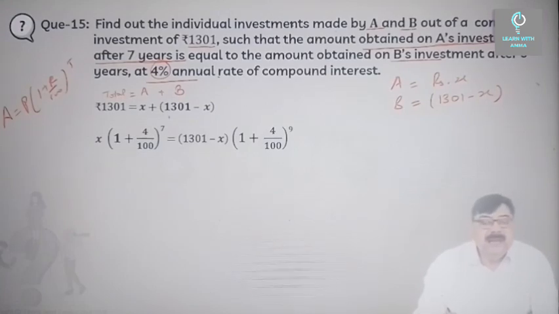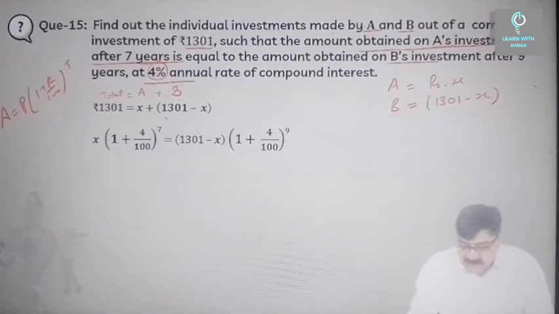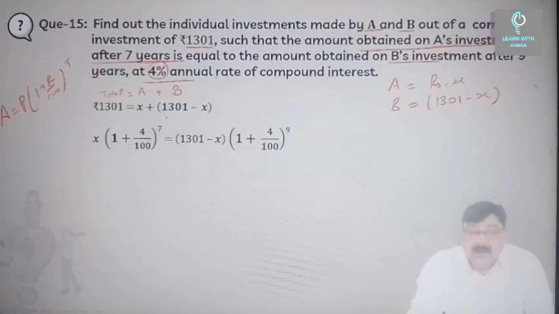The investments made by A and B are at 4%. So this is 1 plus 4 by 100 raised to 7, and this is the principal amount for B into 1 plus 4 by 100 raised to 9.